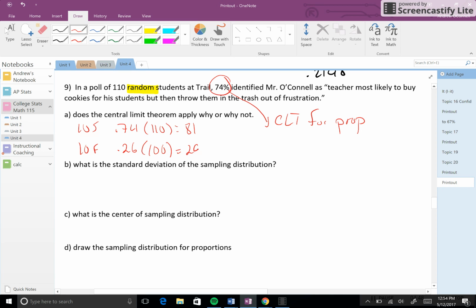More like 29. Each of those are over 10. And it does list it as random. So yes, CLT applies.